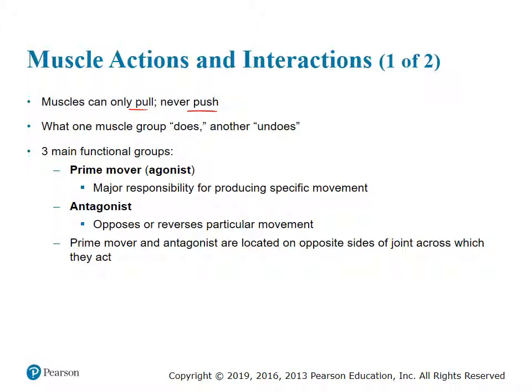When we look at muscle groups, we'll see that a muscle group will do something, while the opposite muscle group will undo something. For example, using the example we've been using, the biceps brachii muscle: if we're lifting something, that muscle group will do the lift, and its opposite will do the opposite effect.